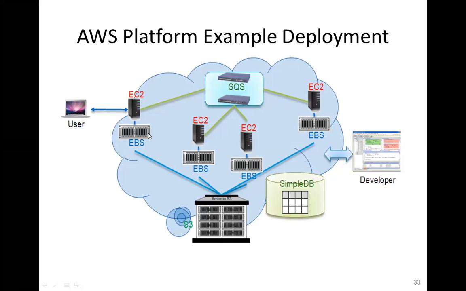These EBS are connected to the EC2, and EC2 is used in the development of any kind of application. So here you can see the developer side also. The developer will interact with this simple database as well as the EC2 service for developing any application.